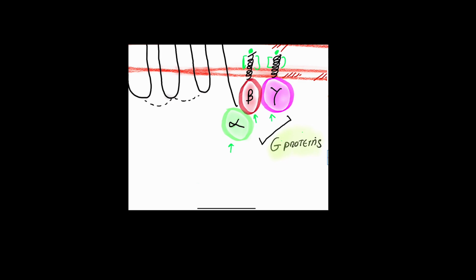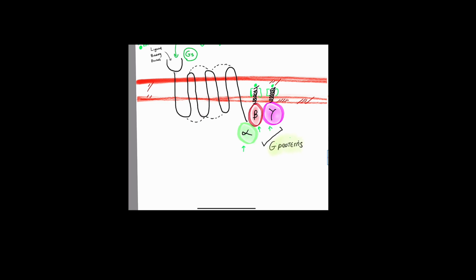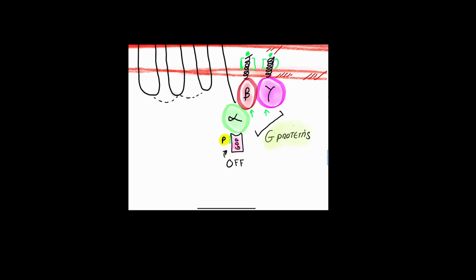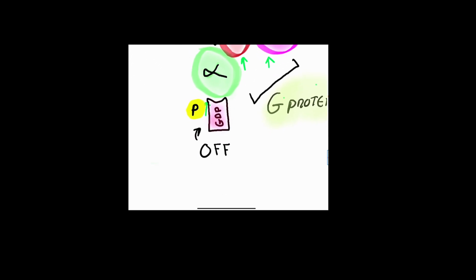So when a G protein is off and we don't have a ligand binding to it, what happens is that we have a GDP affixed to the alpha subunit, so it is off. So now what is going to turn it on?